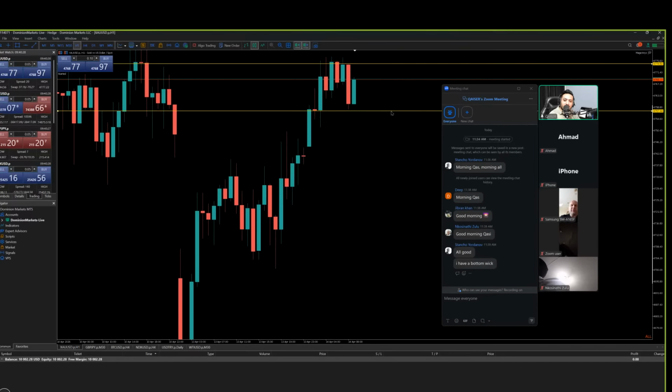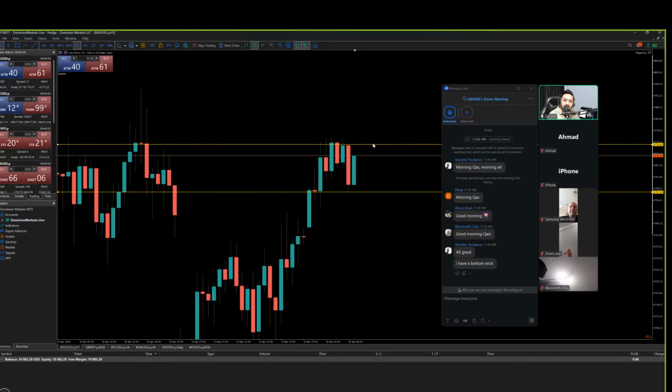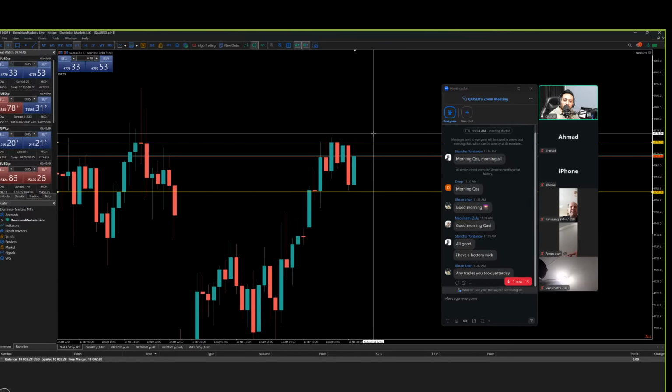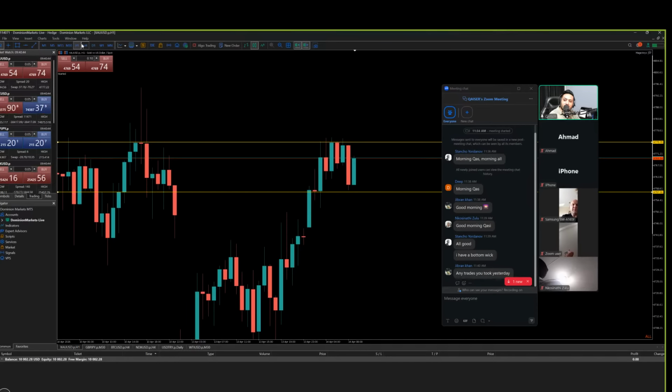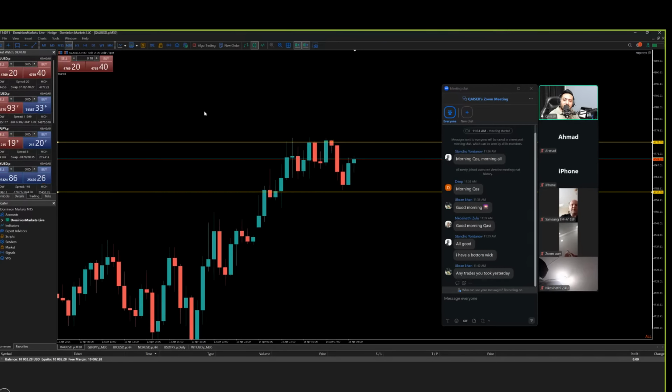Looking at this support area, below it is a pretty 100 pip range, and this is the resistance I'm having right now. If a candle closes above this resistance area, there's a probability we're going to continue pushing upside. But for the bigger picture, we need to flip from H1 to M30.